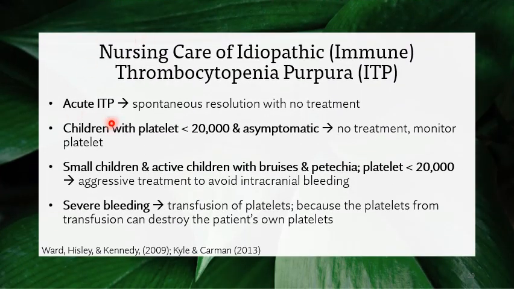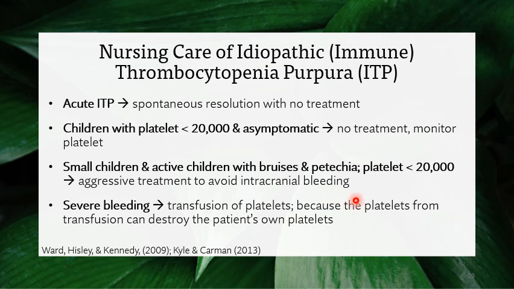So in acute ITP, there is spontaneous resolution without treatment. So when children come into the hospital with less than 20,000 platelets and are asymptomatic, the doctor will say they don't need treatment, but just monitor the number of their platelets. And when small children or other active children come with bruises, petechiae, and platelets still lower than 20,000, you need to do aggressive treatment to avoid intracranial bleeding.